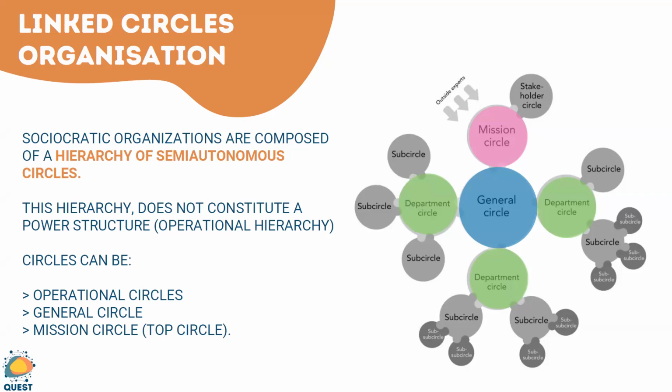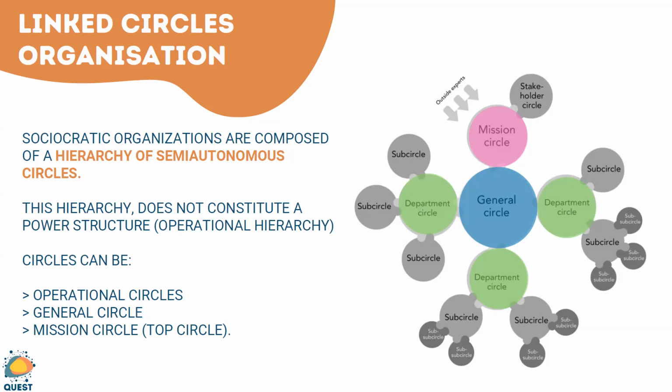So the so-called mission circle, which is the one that holds the vision and the mission of the organization, has a very broad domain, because it looks at the big strategy. The general circle is the one that takes care that all the operational circles are connected together, a less broad domain, but it still has to have a look at all circles.